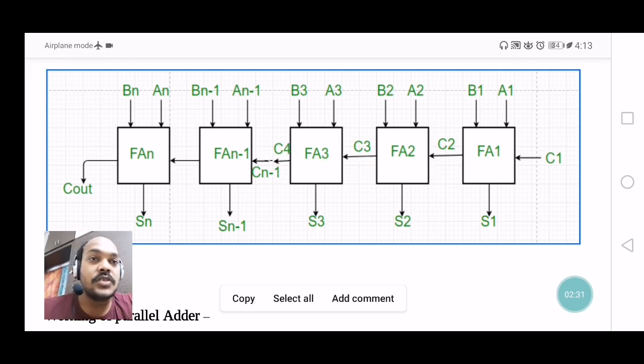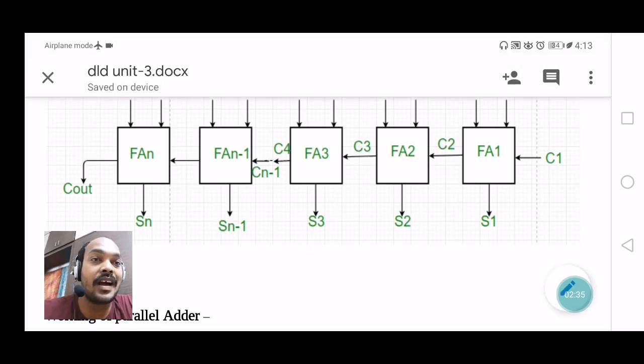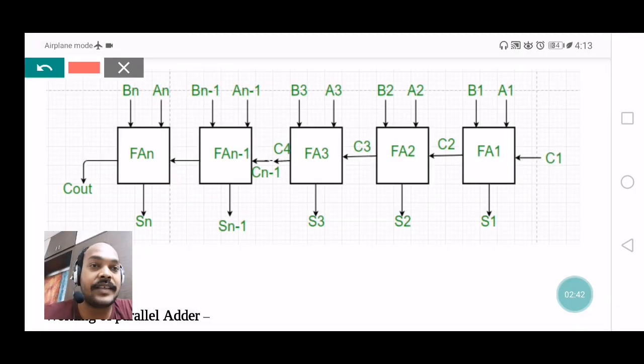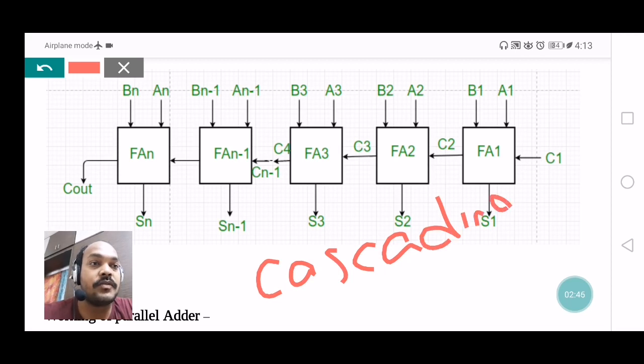All n full adders are connected in such a fashion, and this connection is called cascading. So the full adders are connected in cascade.